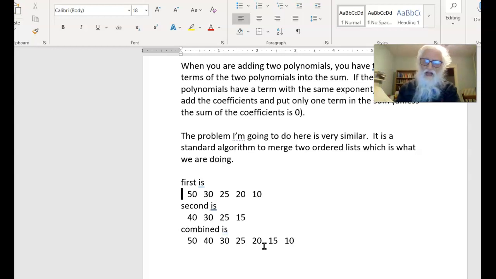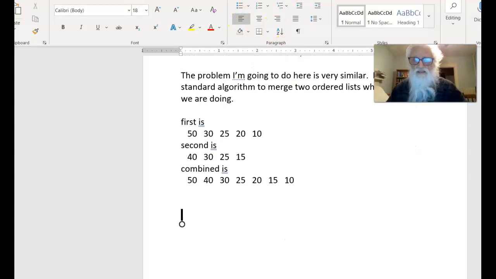Now, the trick is to be able to move down the two arrays. I sometimes call it taking a walk down the two arrays. To take that walk, what I'm going to do is just keep a variable pointing to where I am.